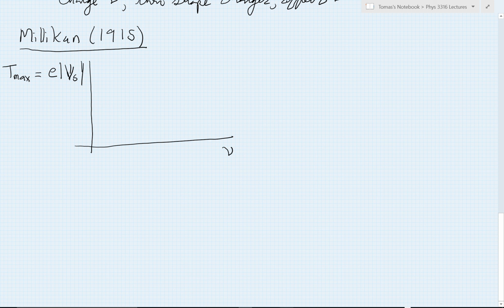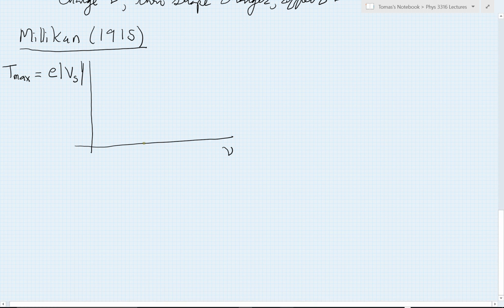Because this shows you how much potential energy we need to put between them in order to stop all of the electrons. So when he made this plot, he found a very interesting result, which should make any physicist's hair stand on end. What he found was he gets a perfect straight line.